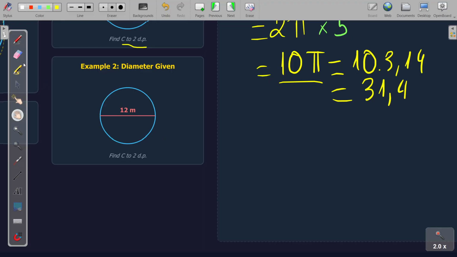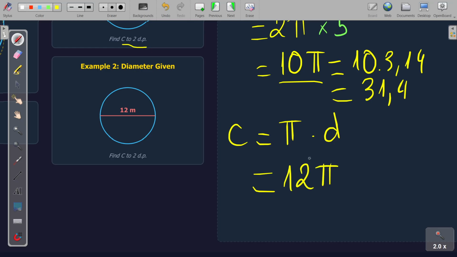Our second example, where the diameter is given instead of the radius. This is even simpler, honestly, because the formula shows pi multiplied by the diameter, and I just need to plug the 12 in here. I got 12 pi.